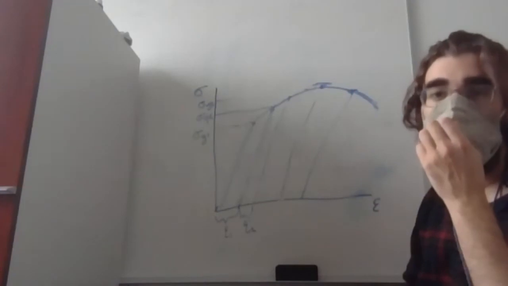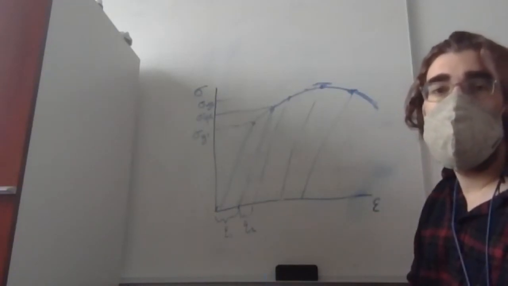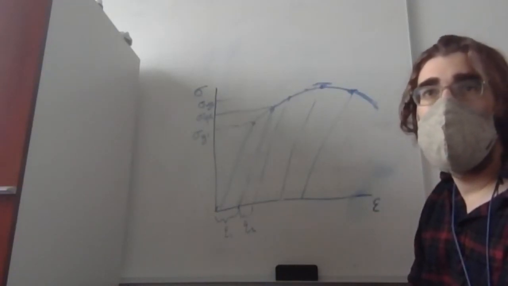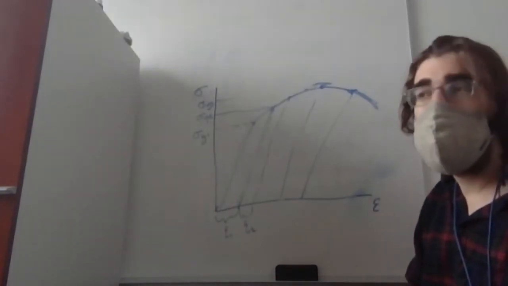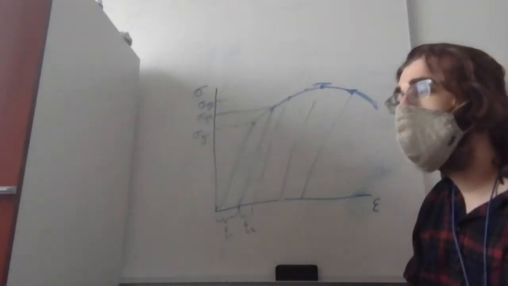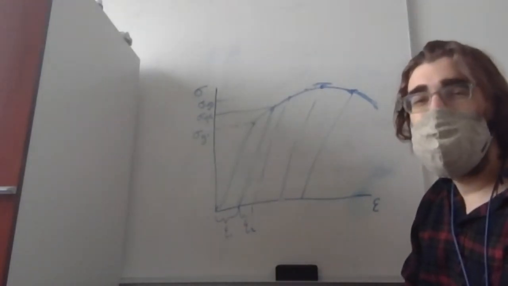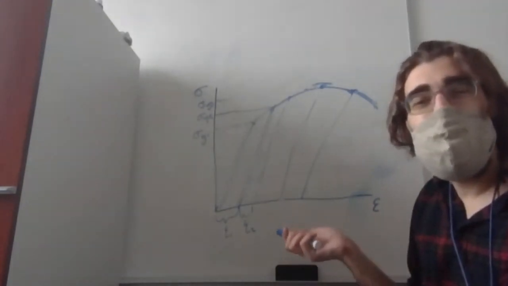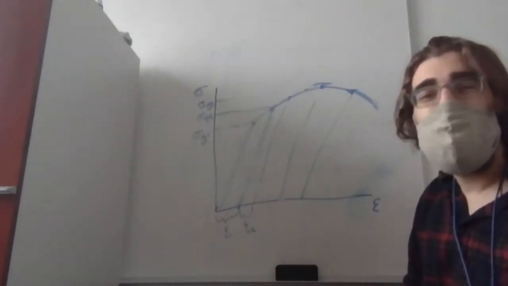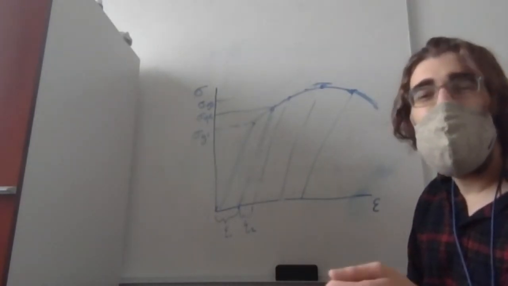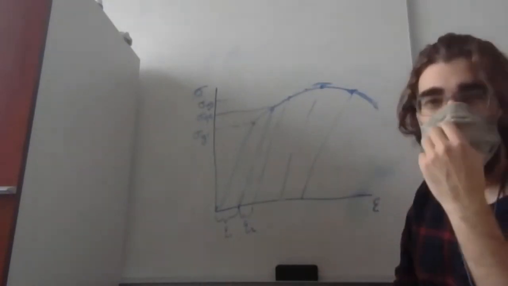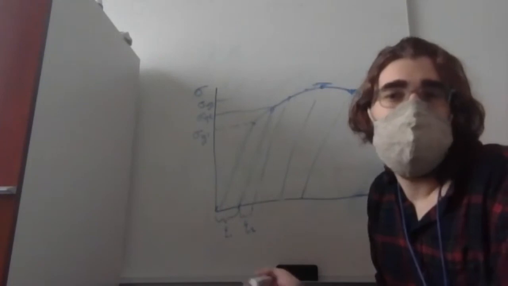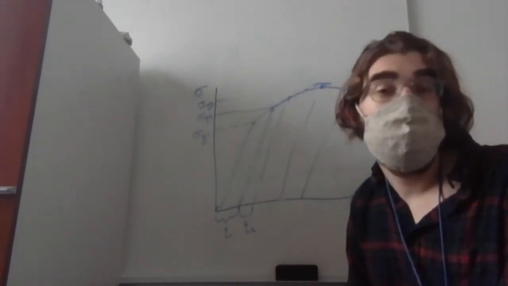Nevertheless, this is done a lot to strengthen materials by about 10%. I think the most common example is blacksmithing. I don't know, that's the example they use in the book a lot, when the blacksmith is hammering a sword, but I've never done it.